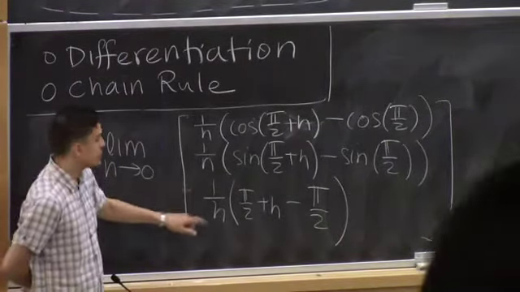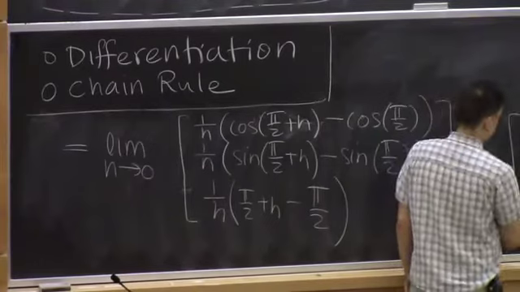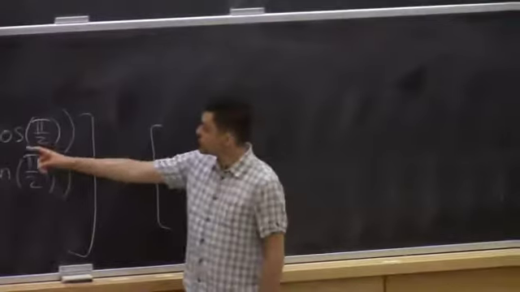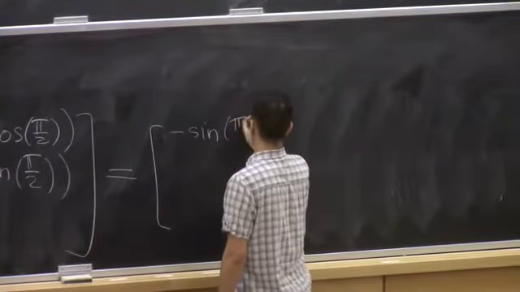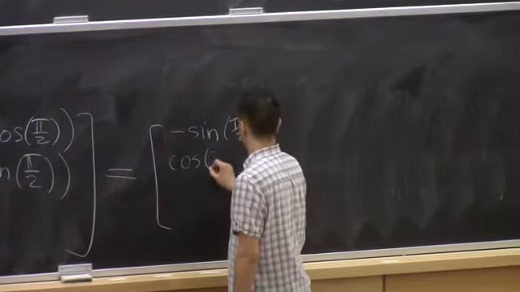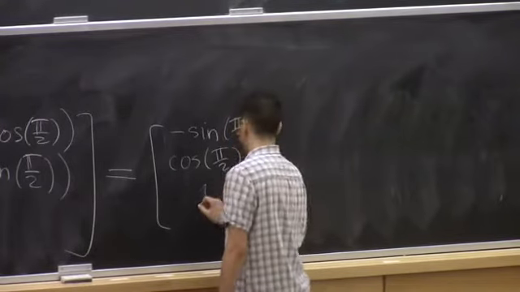So what should I get for the derivative calculations? For cos, I'm going to get negative sine pi by 2, cos pi by 2, and 1.